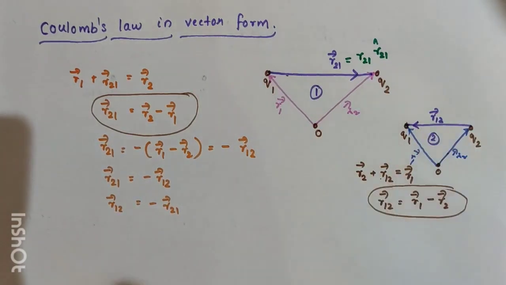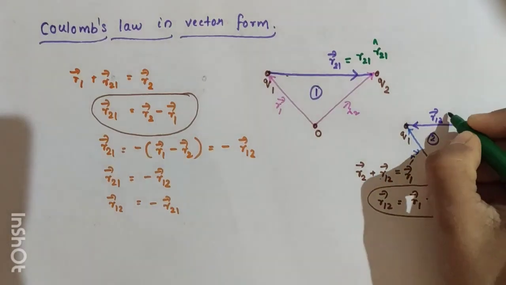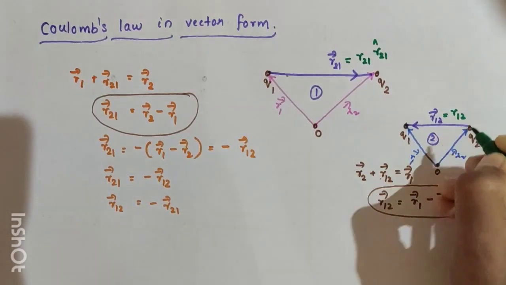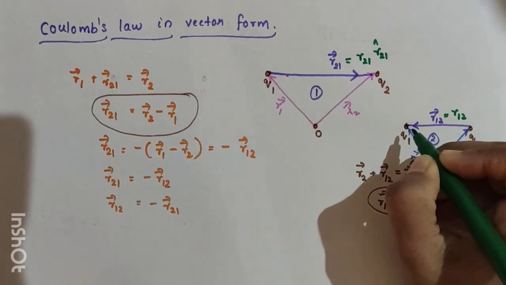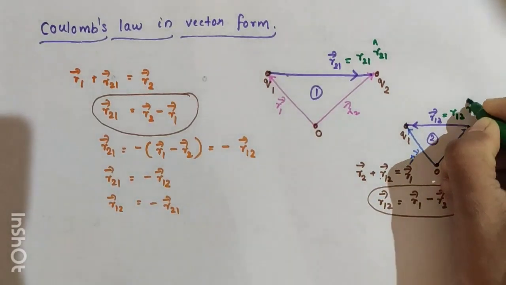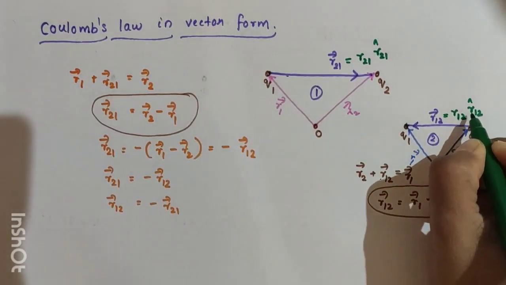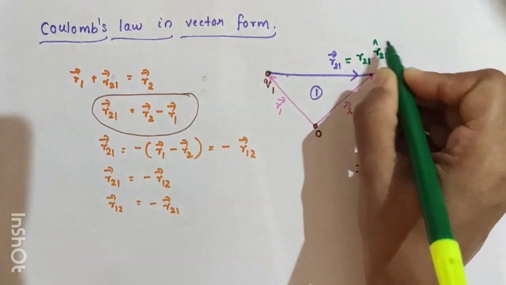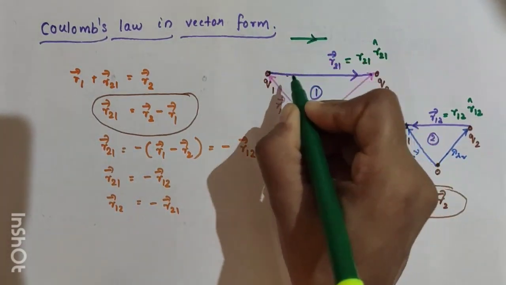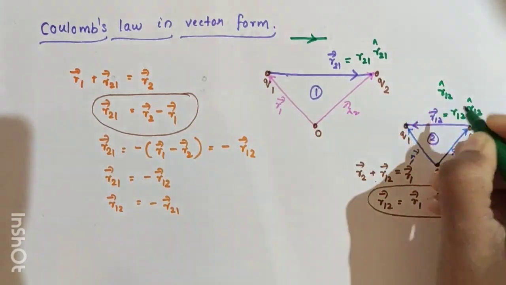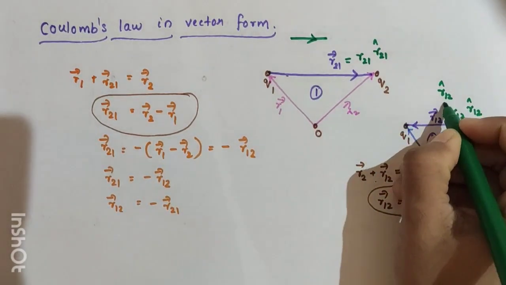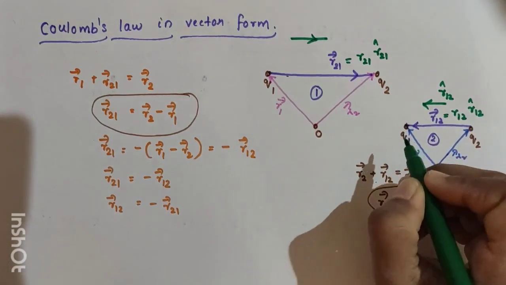Similarly, here we have vector R12. This also will have a magnitude, which I take as R12, and the unit vector which specifies the direction from Q2 to Q1 as R12 cap. R21 cap is the unit vector directed from Q1 to Q2, and R12 cap is the unit vector directed from Q2 to Q1.